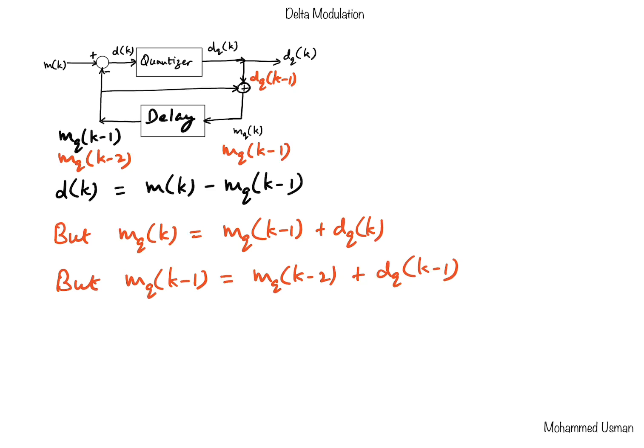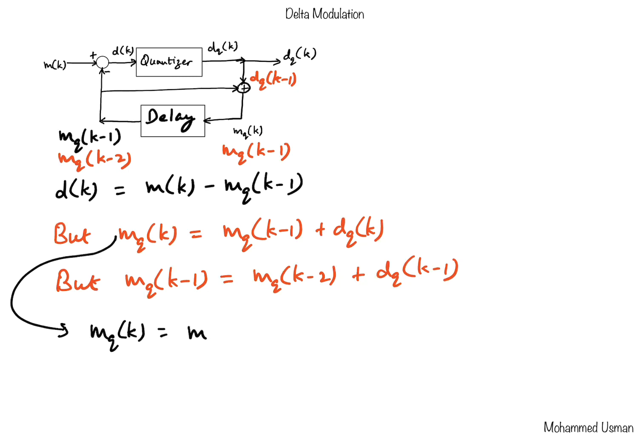So therefore, we can represent mq[k] as equal to mq[k-1], which is this term, but this term is equal to the sum of these two.